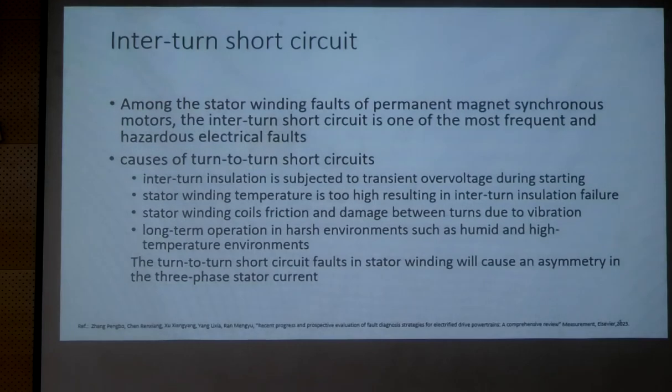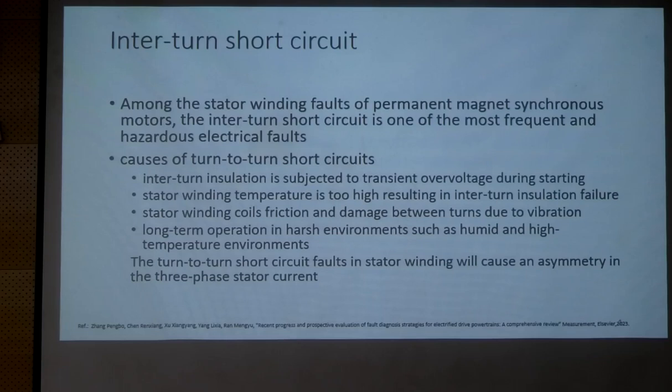So if you observe the interturn short circuit, usually in permanent magnet synchronous motors, this type of faults will be regularly observed. The causes will be interturn insulation when it is subjected to transient over voltages during starting conditions.